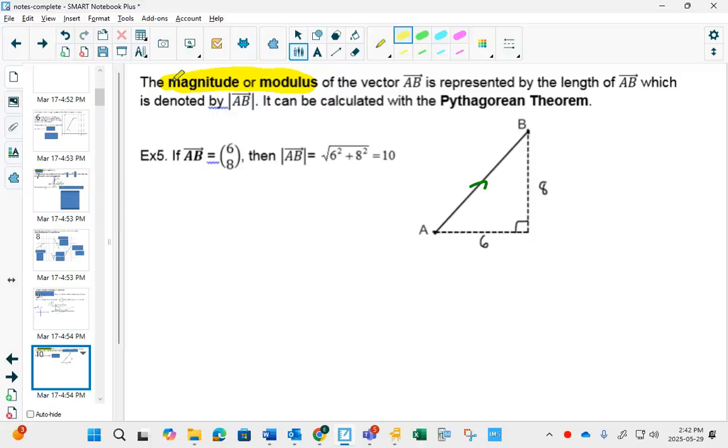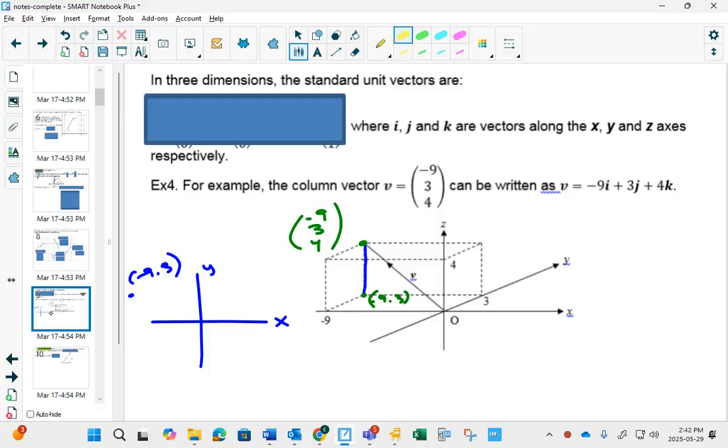So that vector has a length of 10. How would you figure out 3 dimensions?